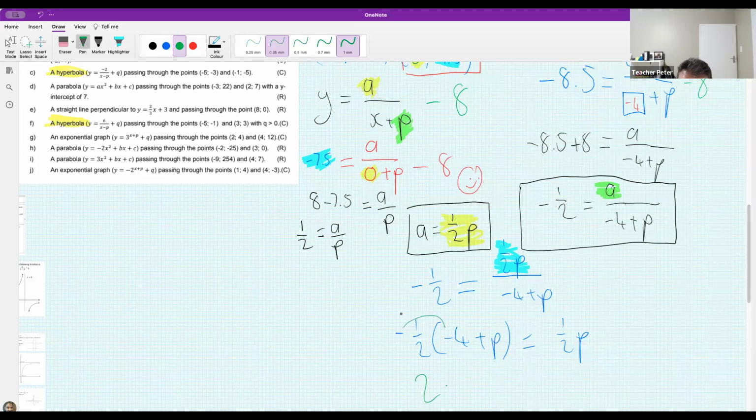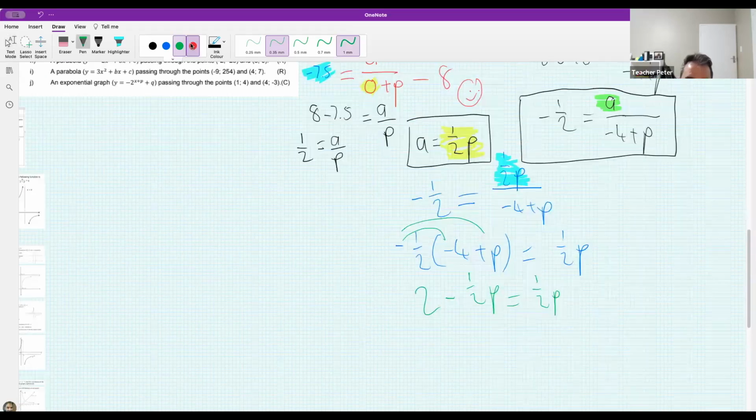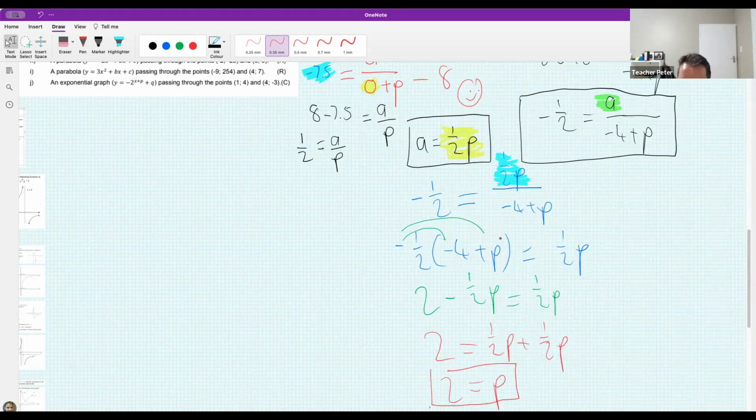This multiplied here will be minus a half p, and this is equal to a half p. If I then bring this to the other side, I get a half p plus a half p, which is glorious news. So p must be equal to 2.